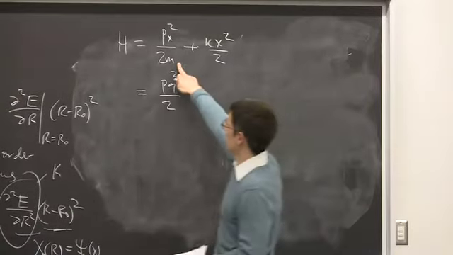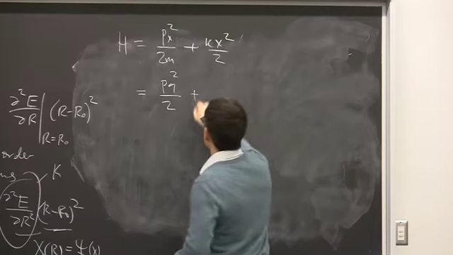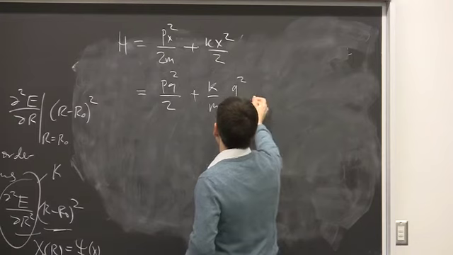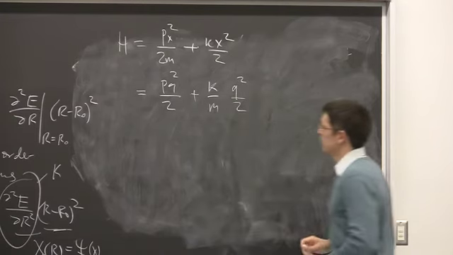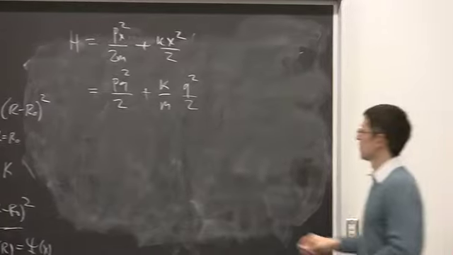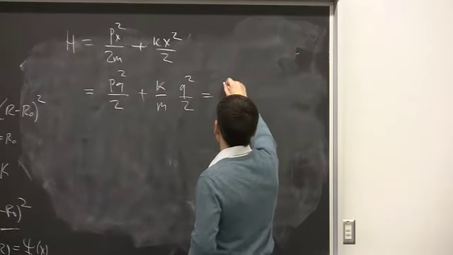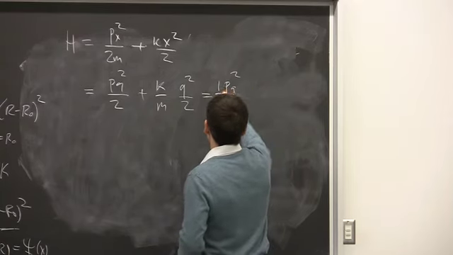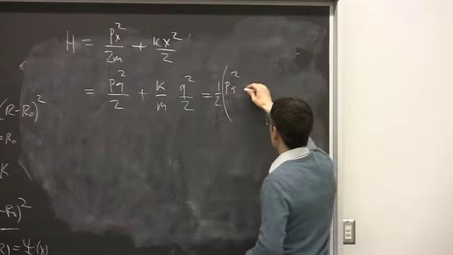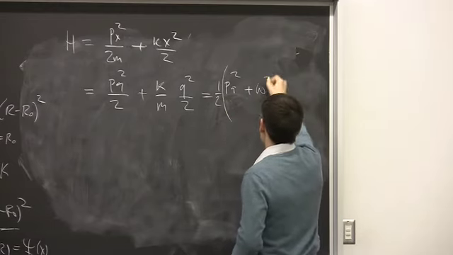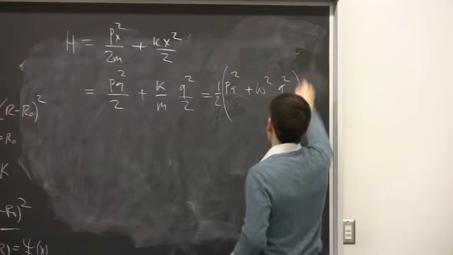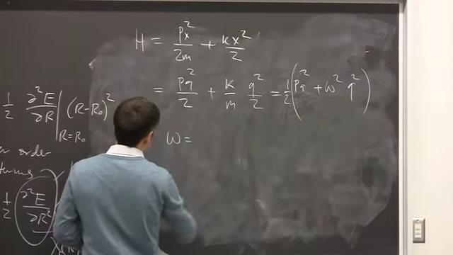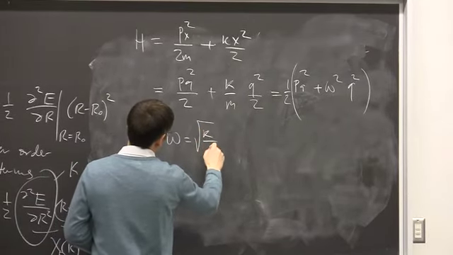If I square pq, then I already get division by m, plus k divided by m, q squared, divided by 2. Okay, and so this can be written as, actually, 1/2 can be taken outside, pq squared plus so-called omega squared q squared. That's the simple form of the Hamiltonian, where omega is like a classical frequency of oscillation.